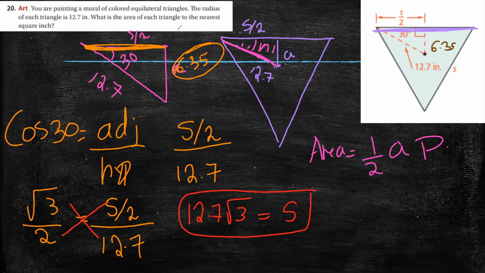This will be the length of the side S, 12.7 square root of 3. Is it clear now from where we bring A and S? Yes.